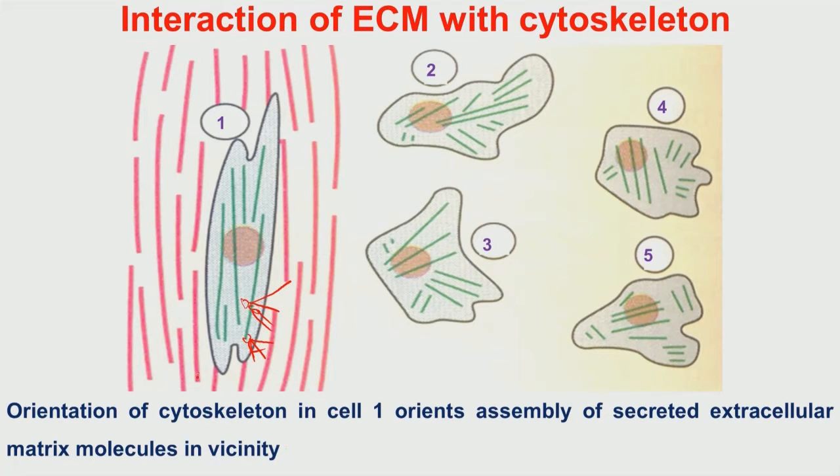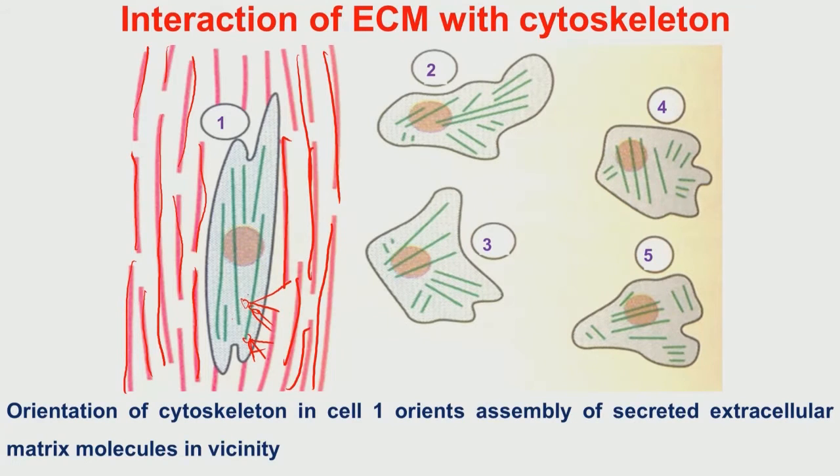This extracellular matrix is essentially composed of elastin fibers as well as fibrous collagen protein, as I am trying to sketch here. Once this extracellular matrix forms, the orientation of the collagen fibers and the orientation of the actin filaments, as you can see, are almost parallel to each other.